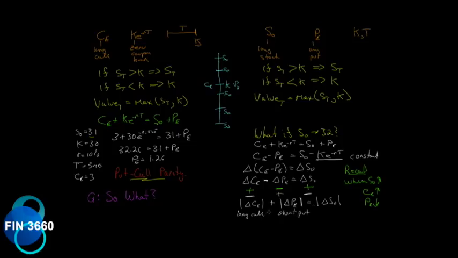So a long call plus a short put at the same strike with the same amount of time to expiration is the same as the underlying. You create the same payoff chart. And there's a name for this. This is called a synthetic long, a synthetic long. Synthetic because we've used options to create it.